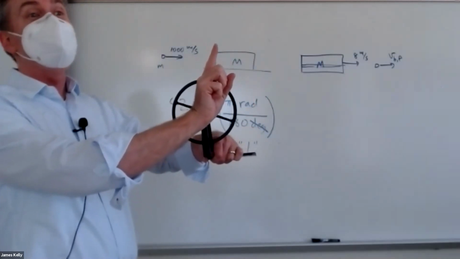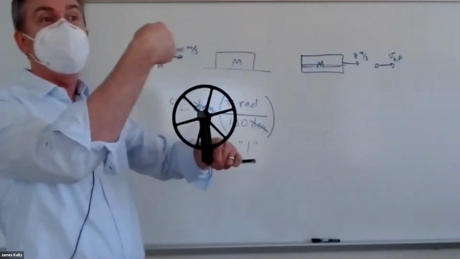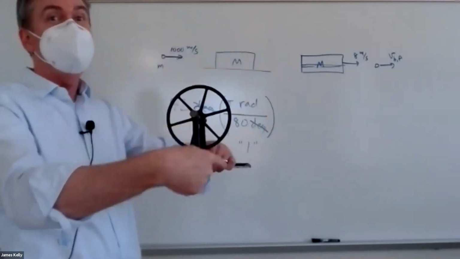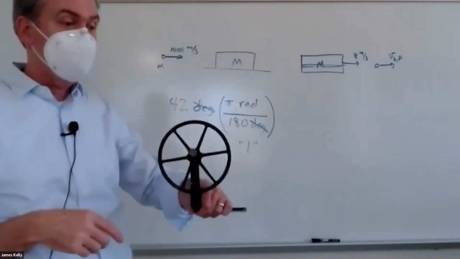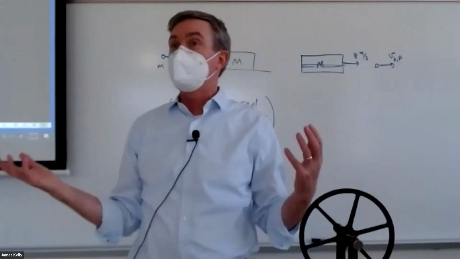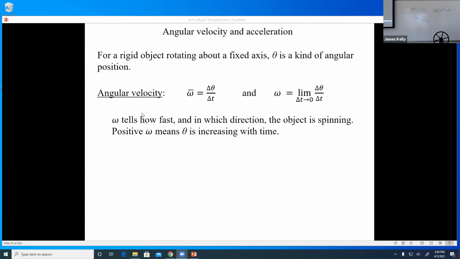And so if omega is positive, that means it's rotating in the increasing angle direction. And if omega is negative, that means it's rotating in the decreasing angle direction. So just like the velocity x component tells us which direction it's moving by the sign, the angular velocity sign tells us which direction it's rotating, as long as you know where 0 is and which is the positive angle direction. We'll be careful to specify those.